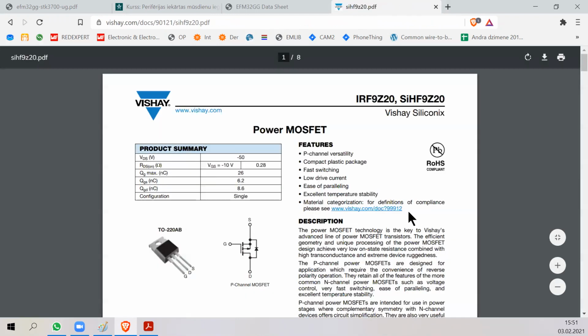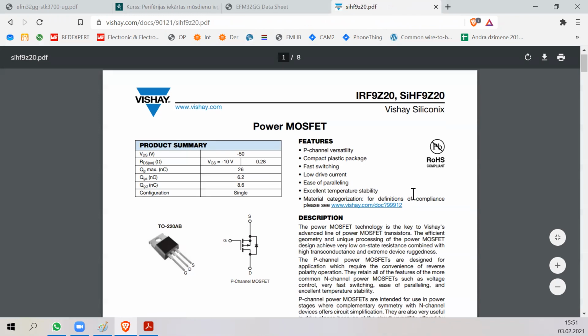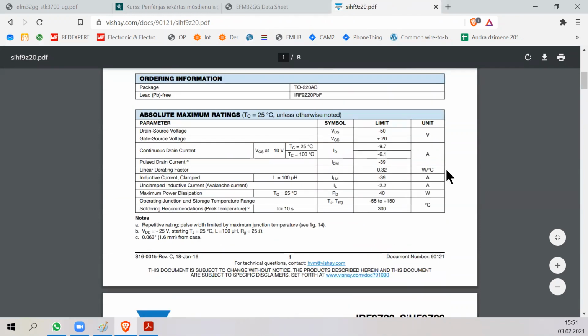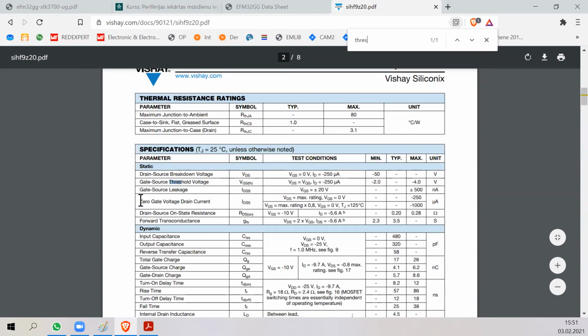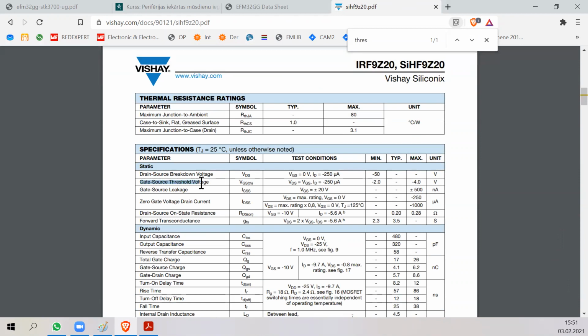Okay, here's some P-channel MOSFET. And we can check out, there is this thing called threshold voltage. Gate source threshold voltage is the voltage at which the transistor starts to conduct some current. And in this case, at -2 volts, it conducts -250 microamps.